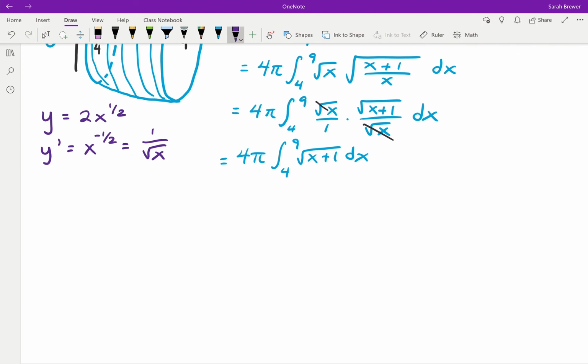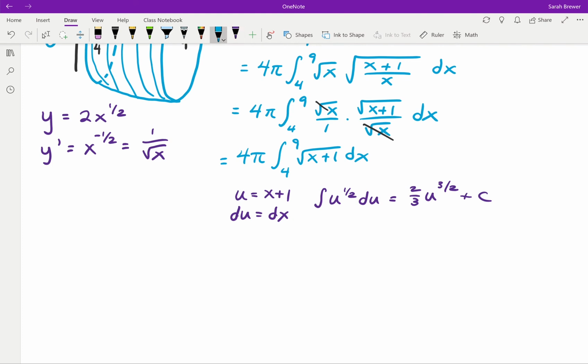If I just do a u substitution, x plus 1, my du is dx. If I do an indefinite integral of u to the 1/2 du, I'm looking at 2/3 u to the 3/2 plus a constant.